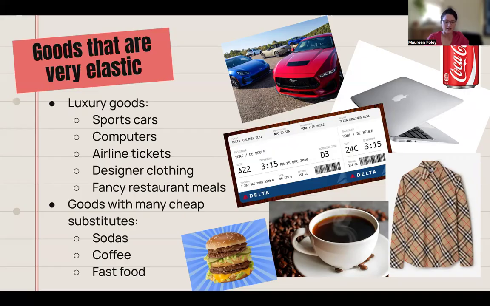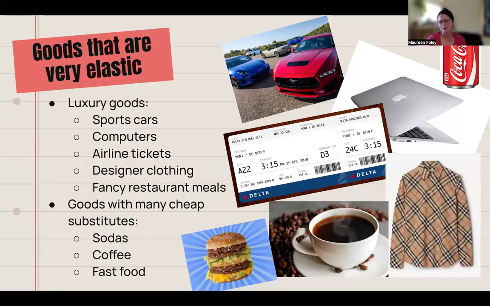Another reason is more about substitutability. So goods that have many cheap substitutes, like soda, you can drink Coke instead of Pepsi pretty easily and for not that much more money.